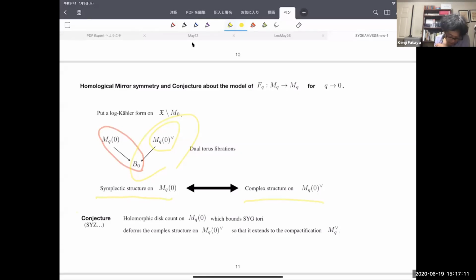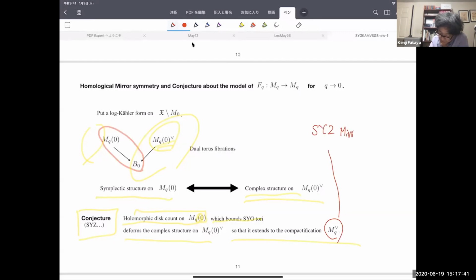And what is conjectured by SYZ, and maybe making more and more progress, is that if you use this holomorphic disk count of this side, maybe MQ, which bounds this SYZ tori, then it gives some deformations of these complex structures so that it extends to the complex structure of these compactifications. And you get this complex manifold, and this is expected to be called the SYZ mirror to MQ, right?